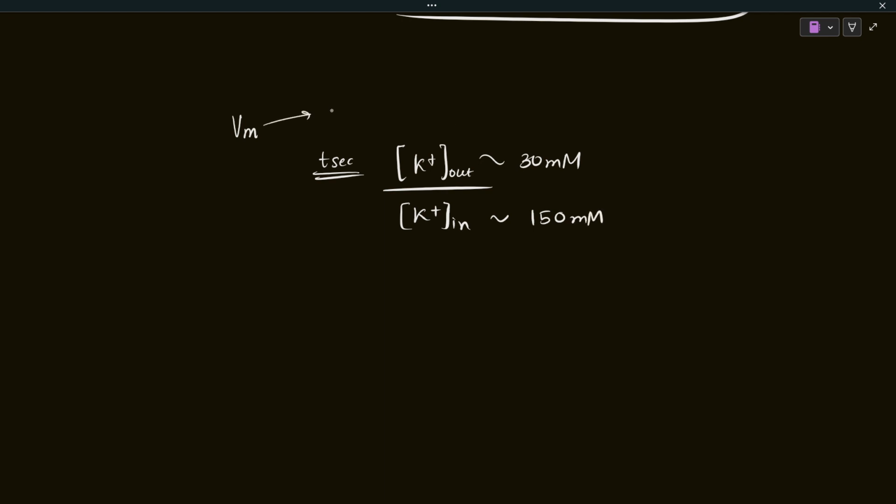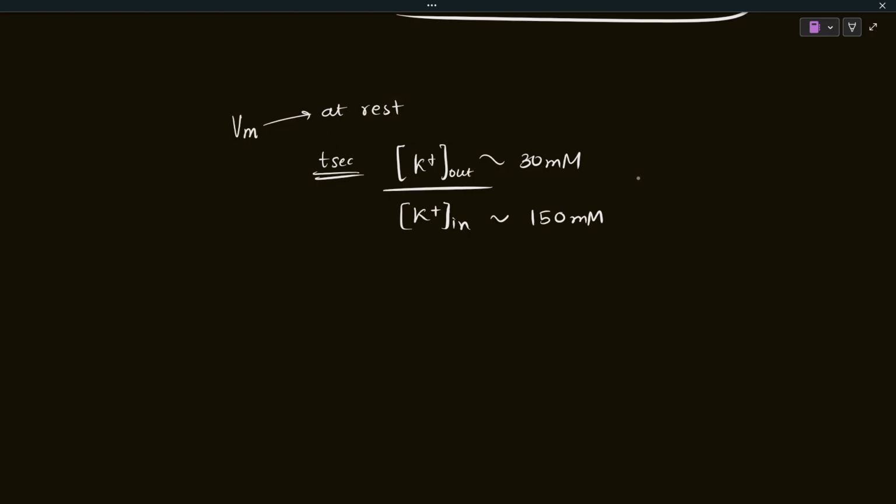For example, at some time t seconds, let's say the concentration of potassium ions outside the cell was 30 millimolar, and the potassium ion concentration inside the cell was 150 millimolar, and the neuronal cell is at rest.